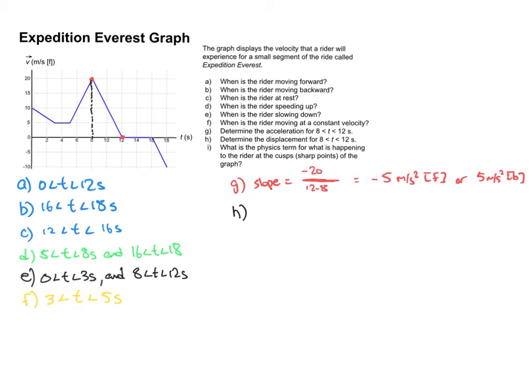But to determine the displacement using a velocity time graph, we actually calculate an area. So I drew a line down at 8. So I'm going to shade in the area we want. So area between the function and the time axis. So this area will actually give us a displacement.